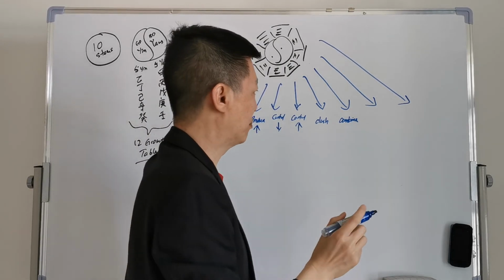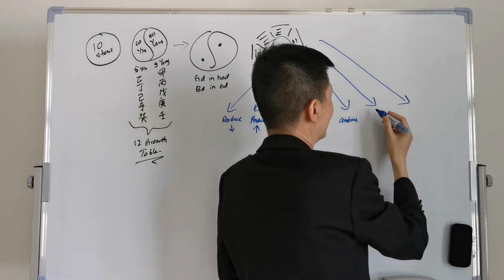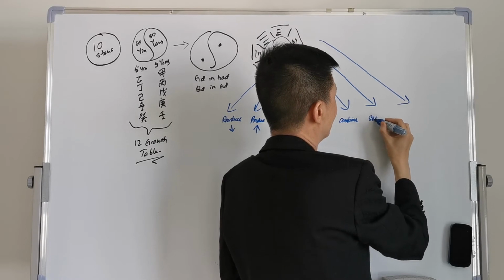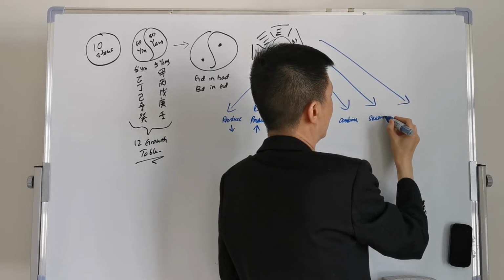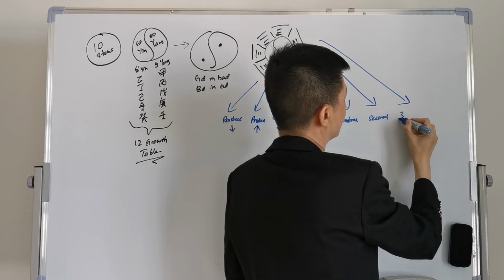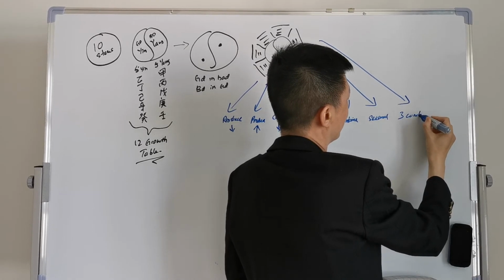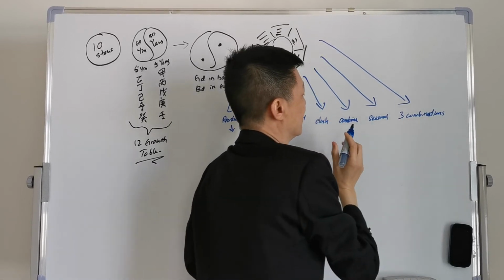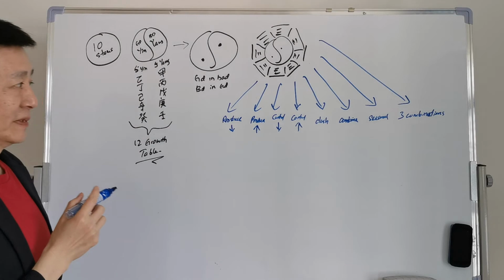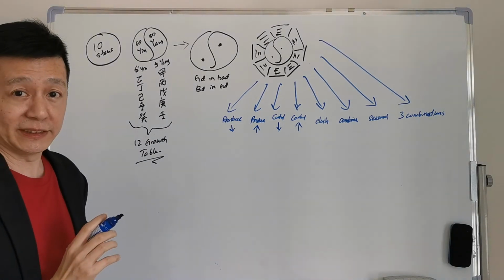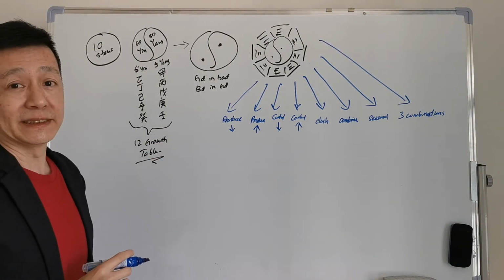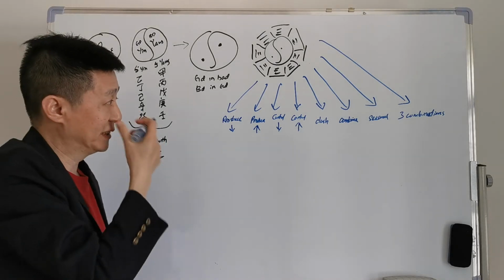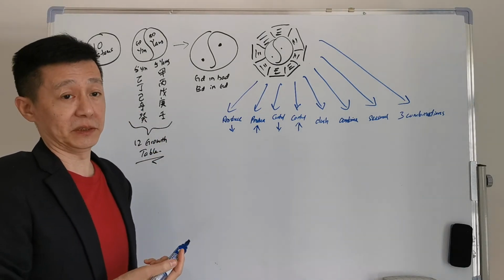All the clash, all the combine. Then this is seasonal. This is 3 combine. You have to understand all this. These are all Bazi reading. If you cannot understand all this, you cannot read Bazi.